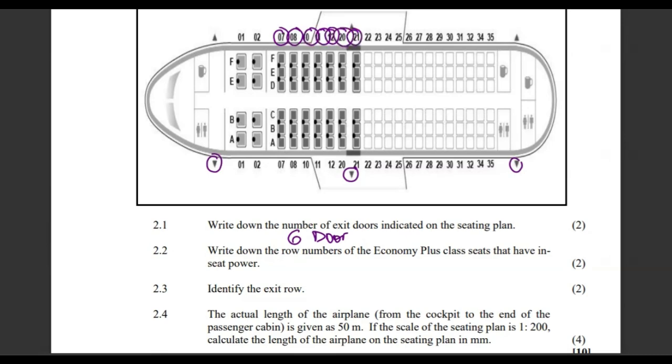So we write them down: 7, 8, row 10, 11, 12, 20, and 21.